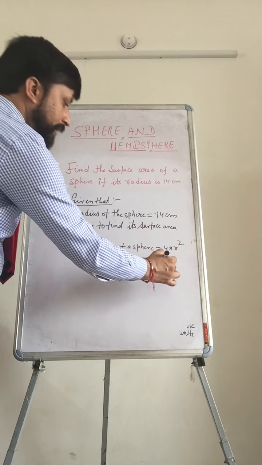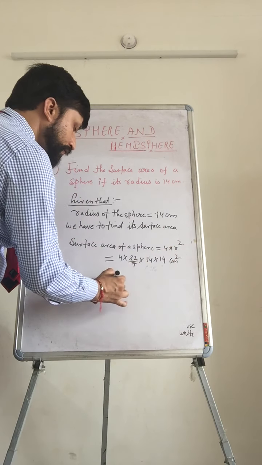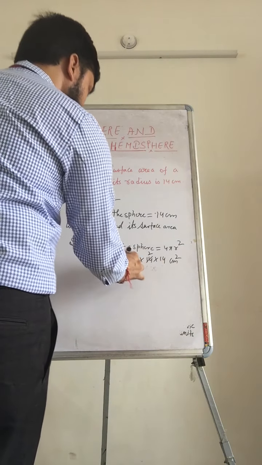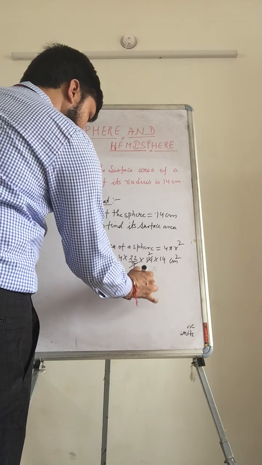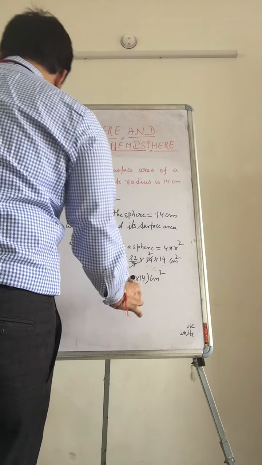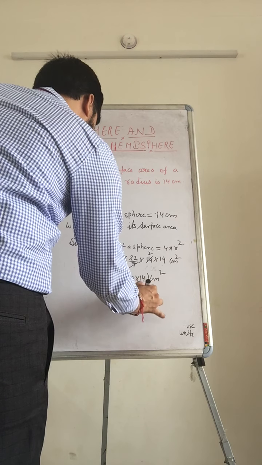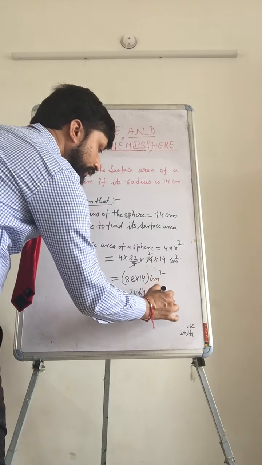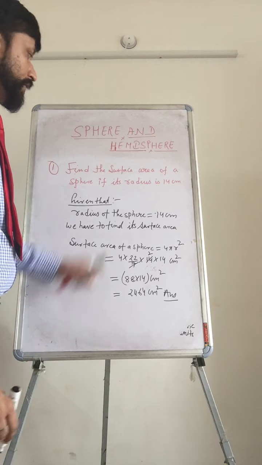Since your r is in centimeter, it will become centimeter square. Now if you calculate, you can cancel this with 2. Next, this means 88 into 14 centimeter square, and if you calculate this, you will get 2464 centimeter square. So in this way we calculate the surface area of a sphere.